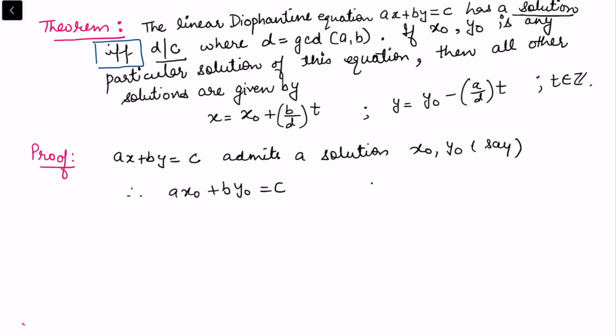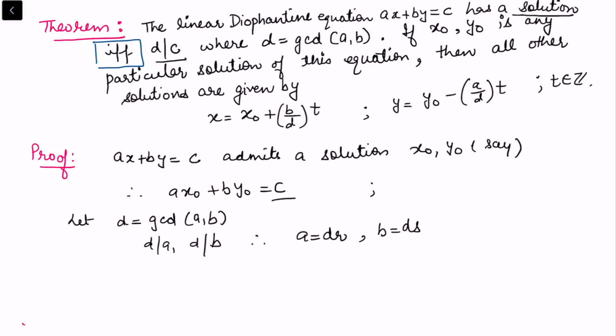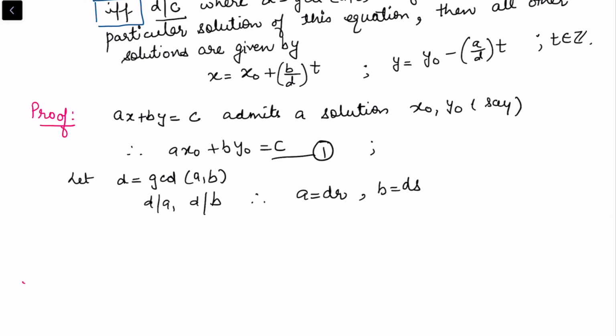And what is d? Let d be the GCD of a and b. So whenever d is the GCD of a and b, we know d must divide a and d must divide b. And I can also write a is equal to dr, and b is equal to ds. Now just substitute the values of a and b in this case.